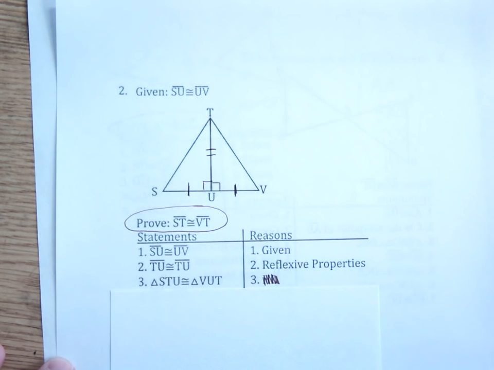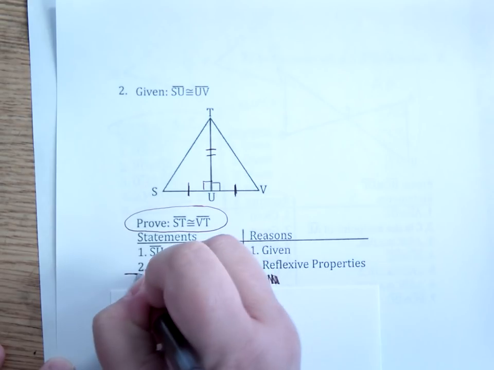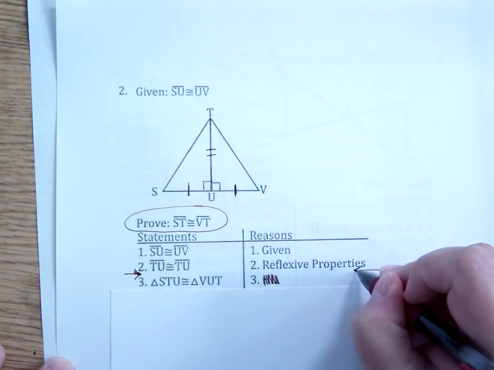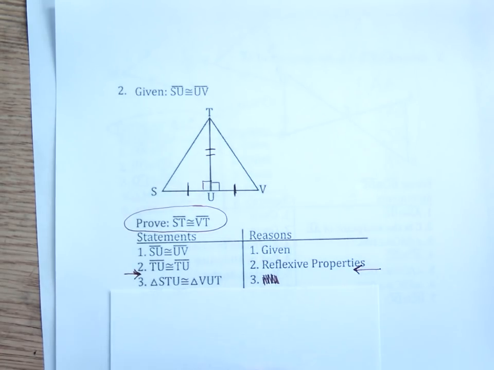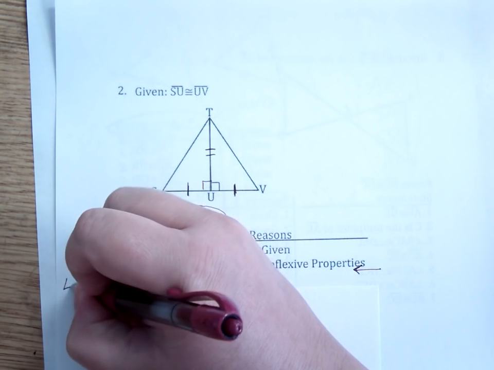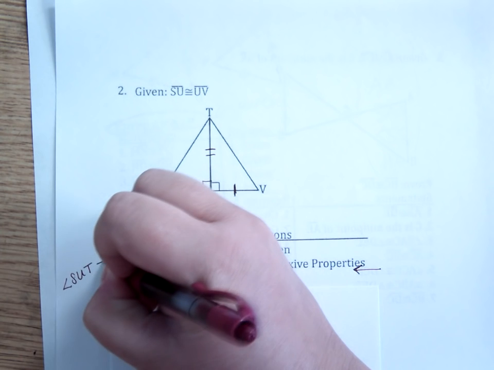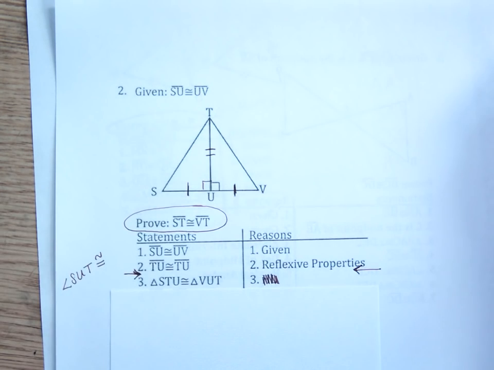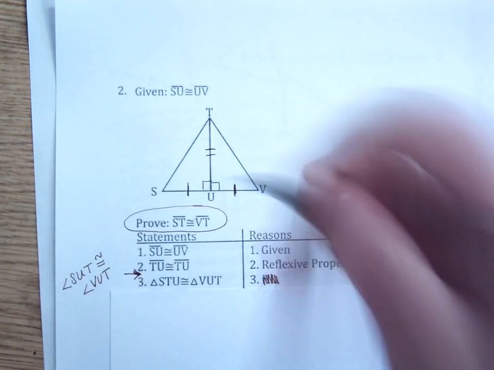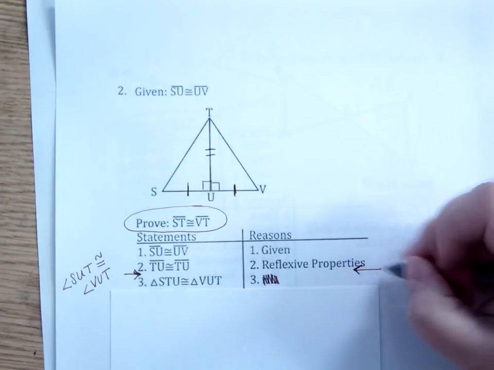And I really now need a separate step to go in here instead in front of step 3 before I can make the triangle congruent statement. I need to say angle, let's see, angle SUT is congruent to angle VUT by the right angle congruence theorem.